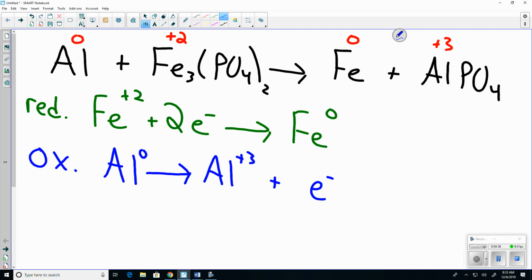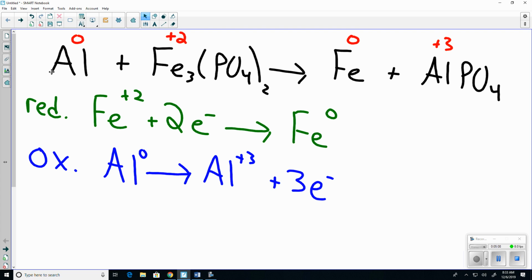How many electrons would that be? 3. The charges on the left and the right-hand side of a reaction have to balance out. So aluminum neutral here, a +3 and a -3 makes that 0. A +2 and 2 negatives makes that 0 there. You may not have to balance the 0 each time, but the left and right side of the arrow should balance out.